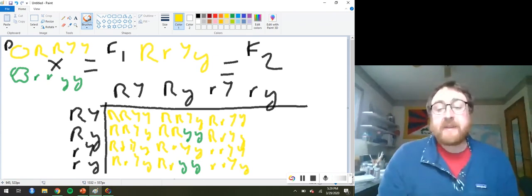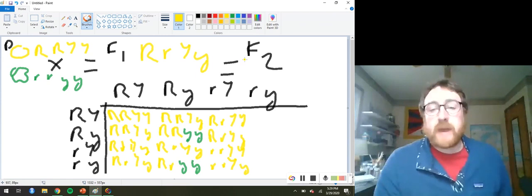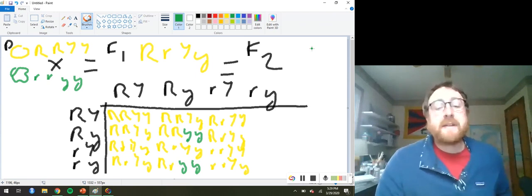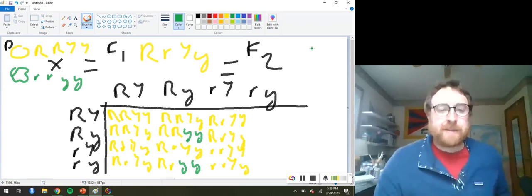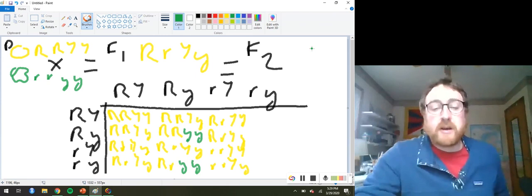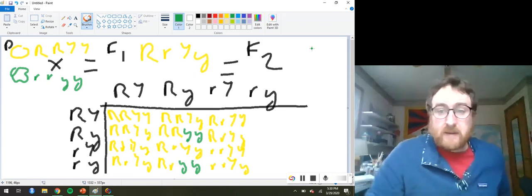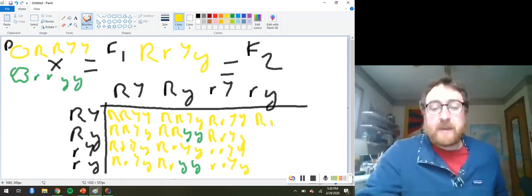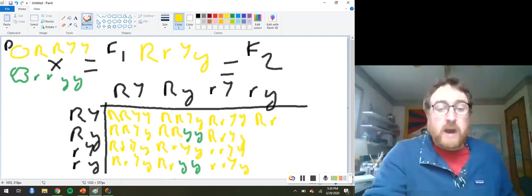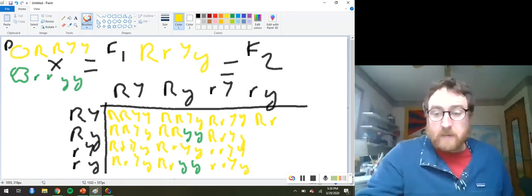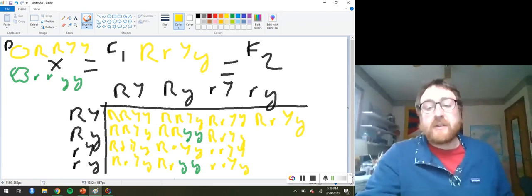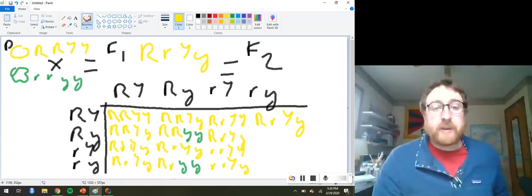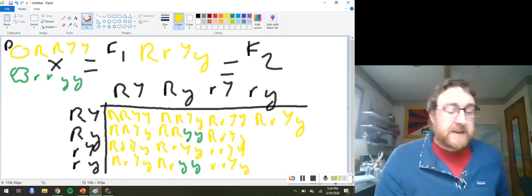All right. So now we have one more row to go, and I'll let you guys predict ahead of me. I'm going to go through this really slow, and so you should be able to catch on by now. So we have big R, little r, and then our big Y, little y. So again, that's going to be that smooth yellow individual.